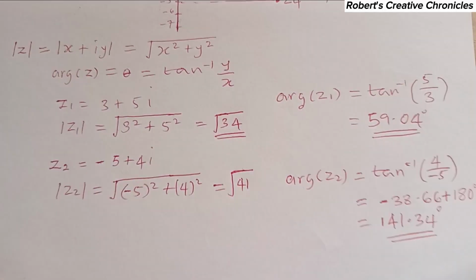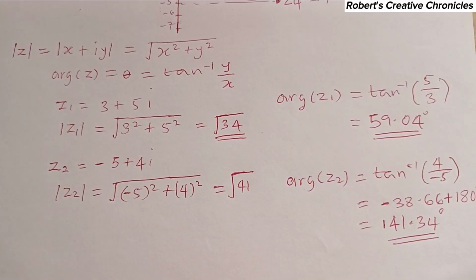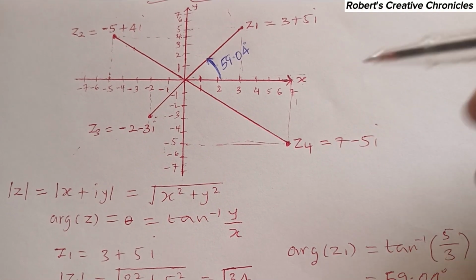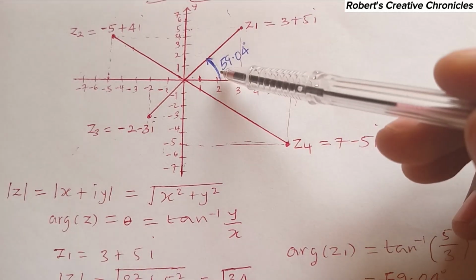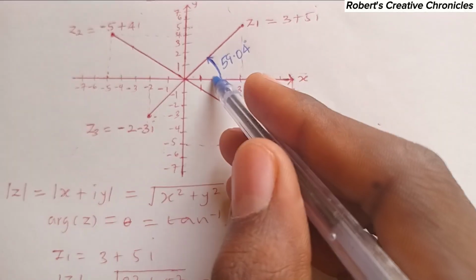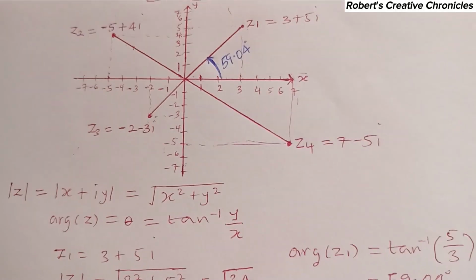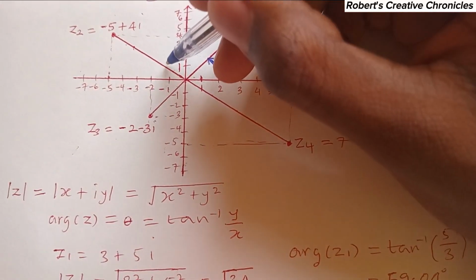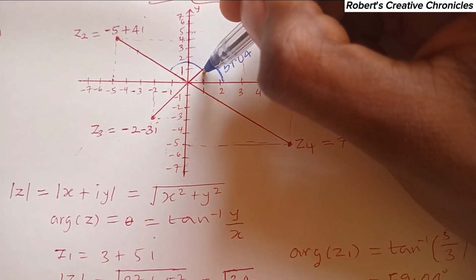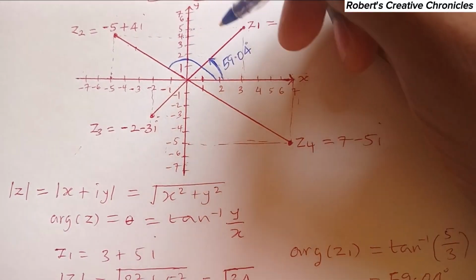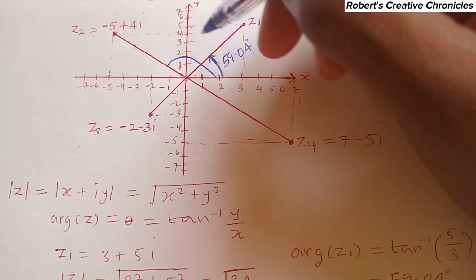So this is the argument, this is the answer. So the distance from this positive real axis to this line is 141.34 degrees. So we'll put it from here to here is what?